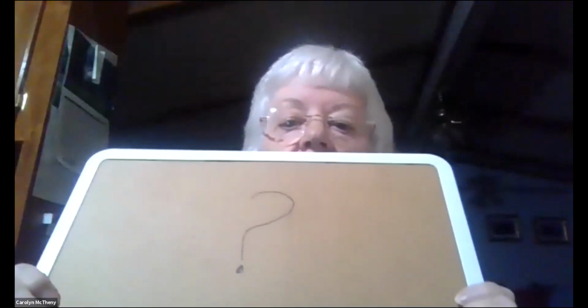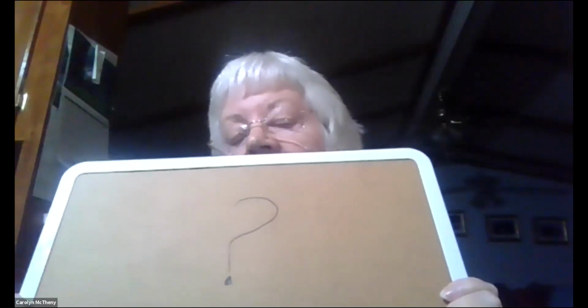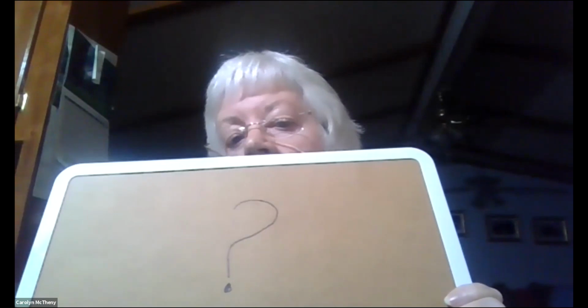Is the job easy? And don't forget to put your question mark at the end, because when you write questions, you have to put a question mark at the end of the sentence.